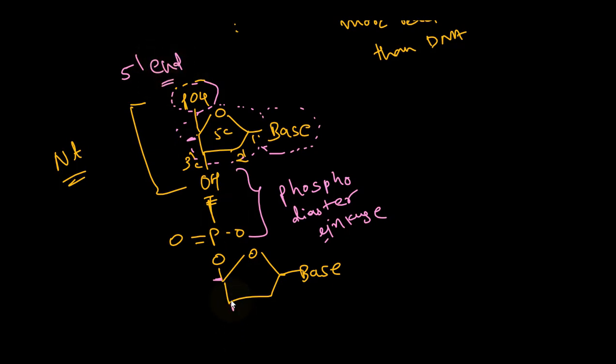So at the 5' end and here the 3' end, there are groups that are free to react with other nucleotides. At the 3' end there is an OH group, and at the 5' end there is a free group to react with the nucleotide.